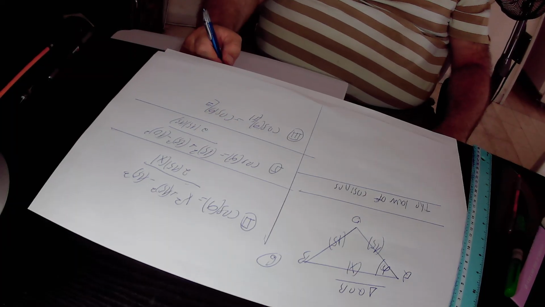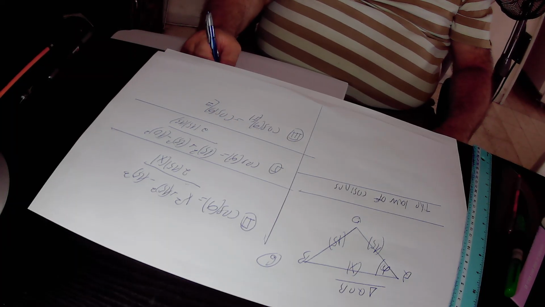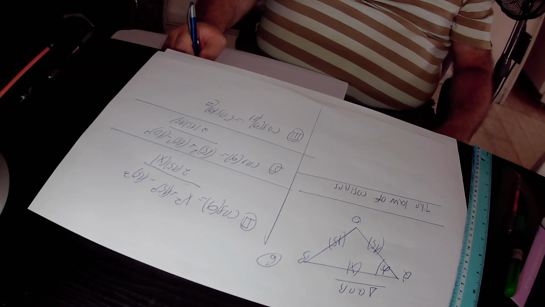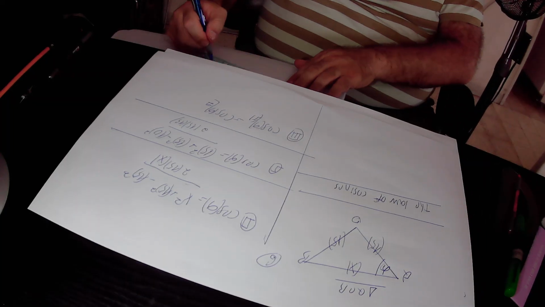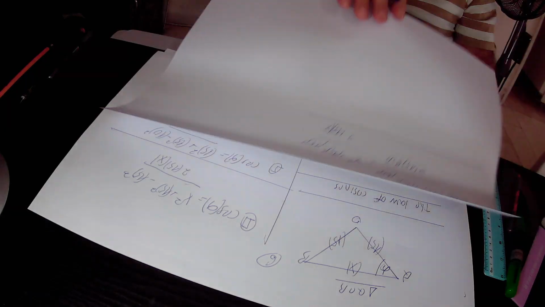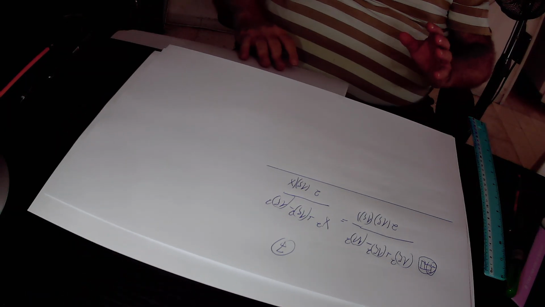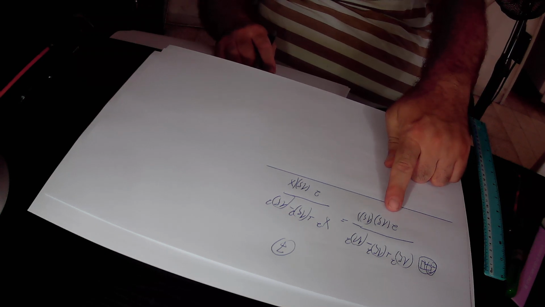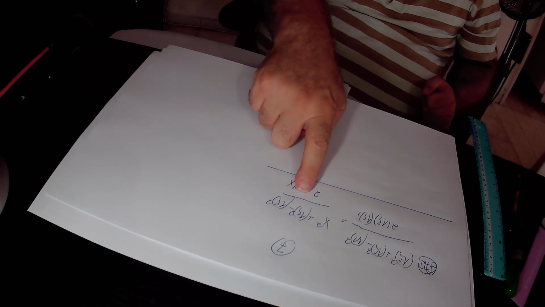Cosine alpha according to equation 2 is equal to x squared plus 15 squared minus 15 squared divided by 2 times 15 times x. So here, this is equation 3.